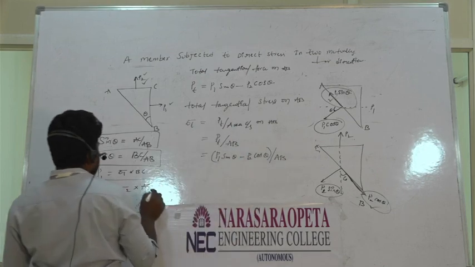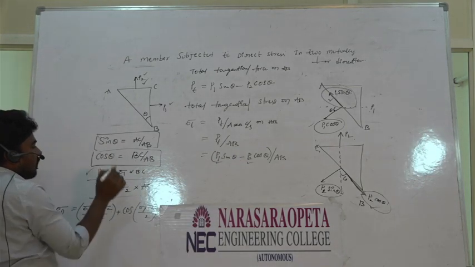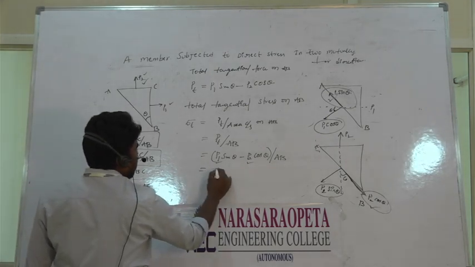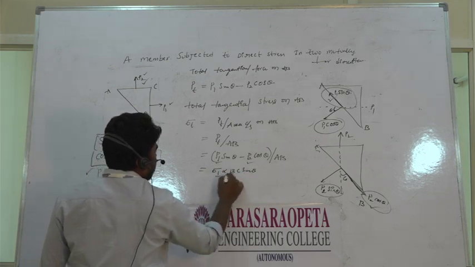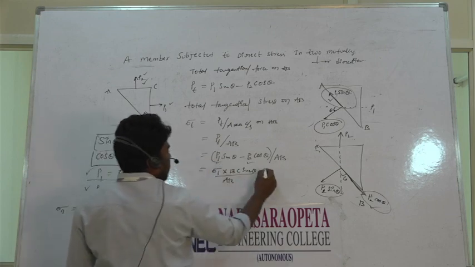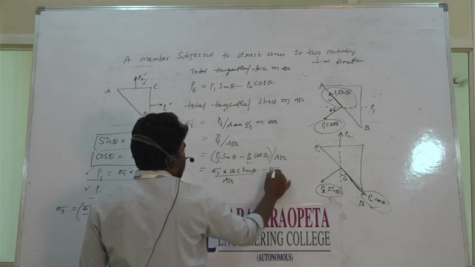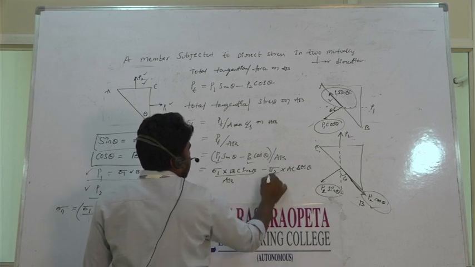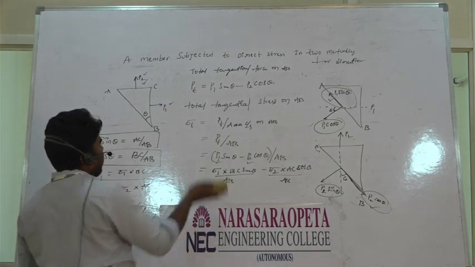We know what P1 and P2 are. Here P1 is sigma 1 into BC, and P2 equals sigma 2 into AC. So sigma 1 into BC sin theta by AB, minus sigma 2 into AC cos theta by AB. This we further modify.